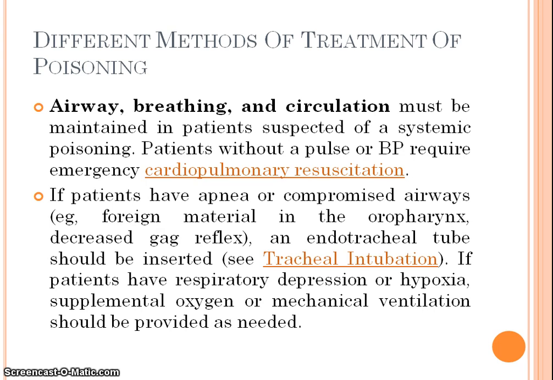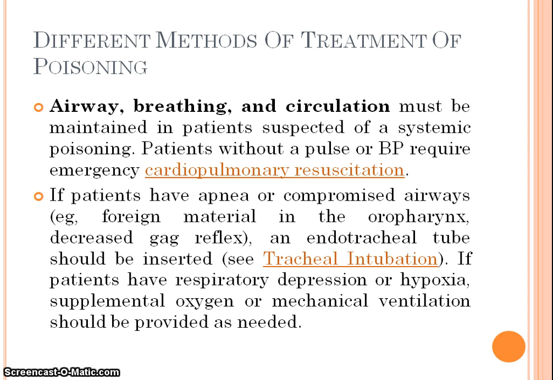The airway, breathing and circulation must be maintained in patients suspected of a systemic poisoning. Patients without a pulse or blood pressure require emergency cardiopulmonary resuscitation, that is said to be the mouth-to-mouth resuscitation.